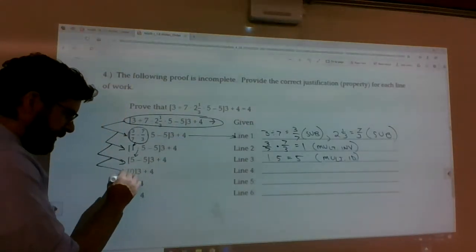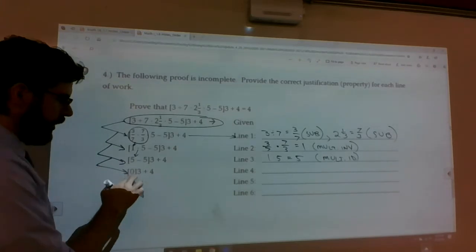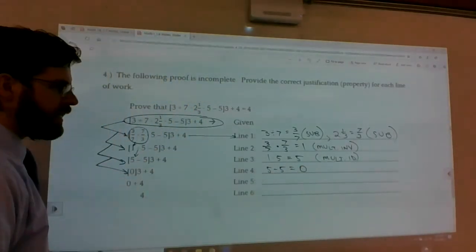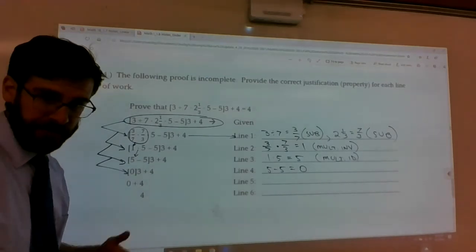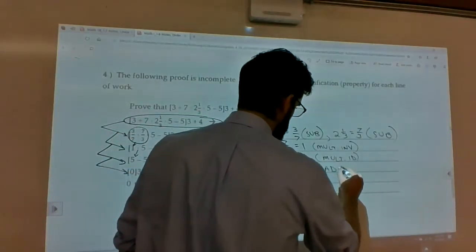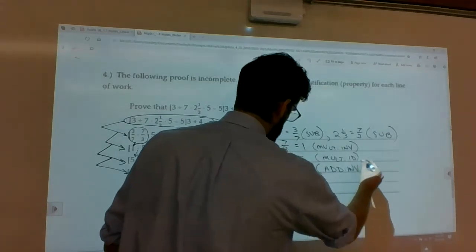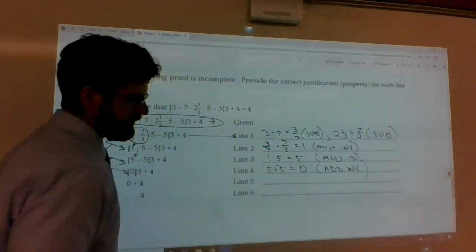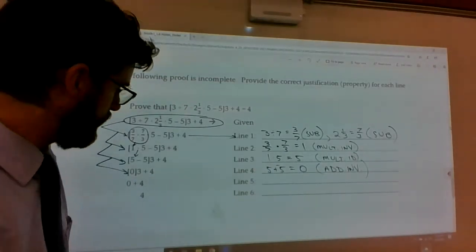From here to here, 5 minus 5 became 0. That's the additive inverse if you check your list. Remember, it's like you're adding the inverse or adding the opposite and getting 0.